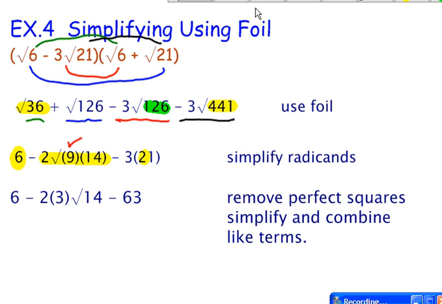Okay, here in our next step, you can see the square root of 9 was 3, so I brought it outside the radical here. So I've got negative 6 minus 2 times 3, which is negative 6 square root of 14.